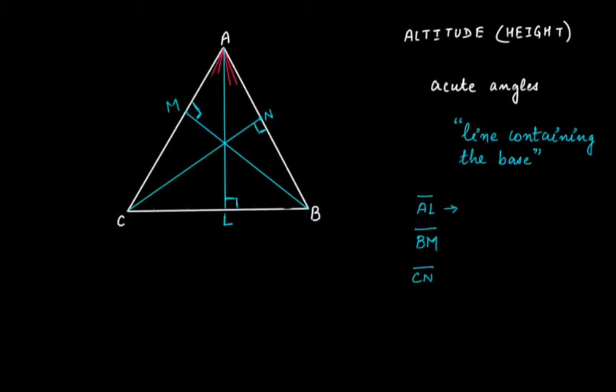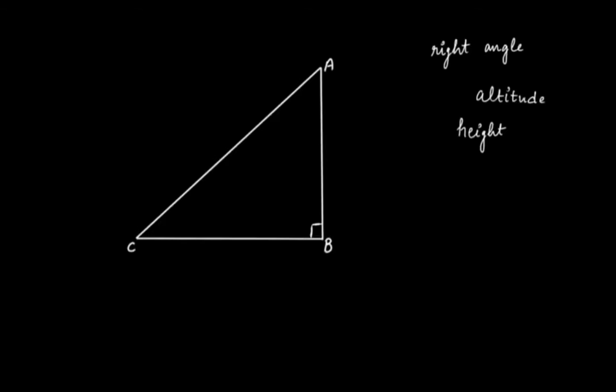And that is why this line is very important. Line containing the base or the opposite side of this vertex. So this is vertex A, opposite side is BC, there will be some line containing BC, and this is already a height. So this line segment AB, which is already making 90 degree, is already an altitude.